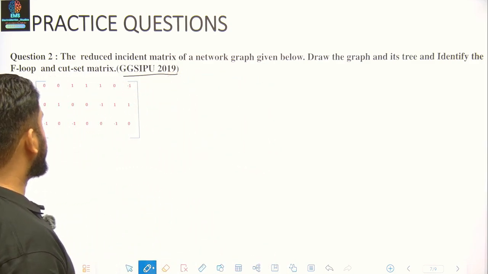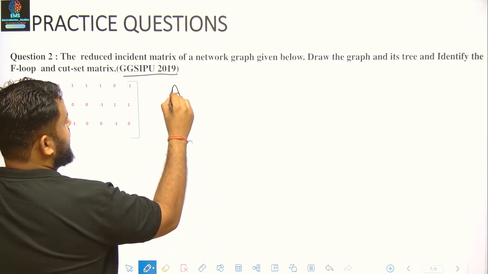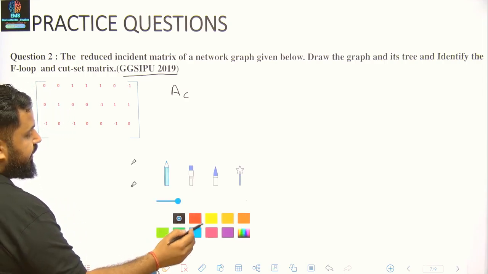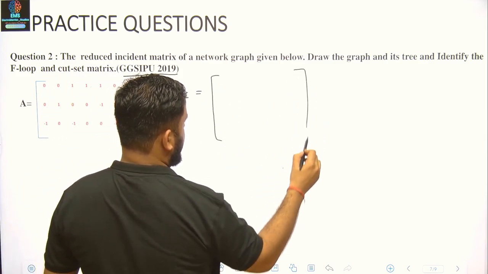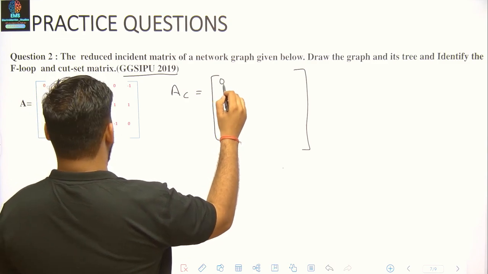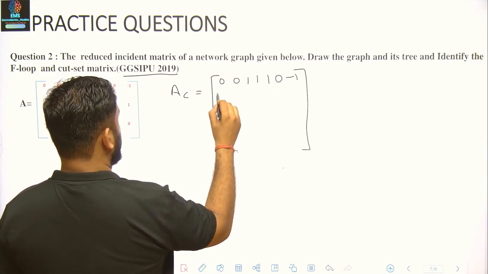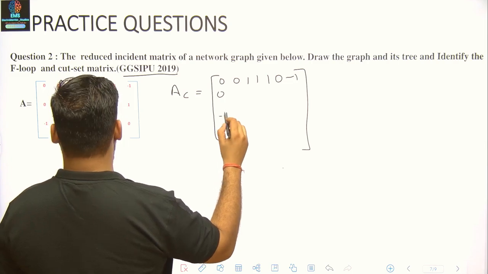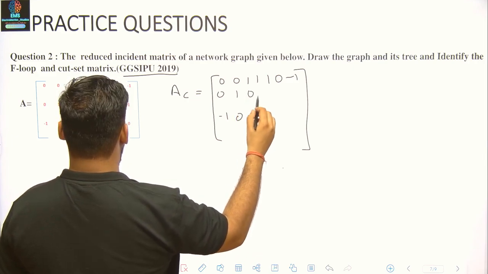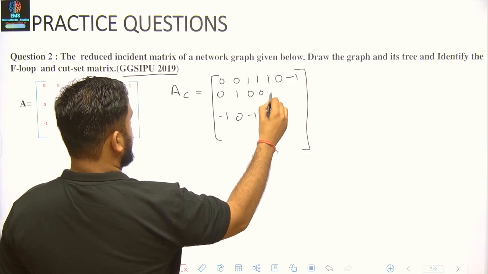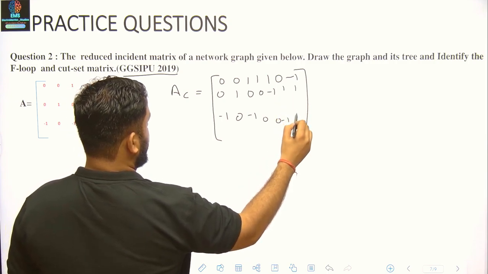Okay, so let us just do one thing. They have given this as A. So first thing first, we have to make it as AC, that is the complete incident matrix. Whatever they have given us is 0, 0, 1, 1, 1, 0, minus 1, 0, minus 1, 1, 0, 0, minus 1, 0, 0, minus 1, 1, minus 1, 1, 0.